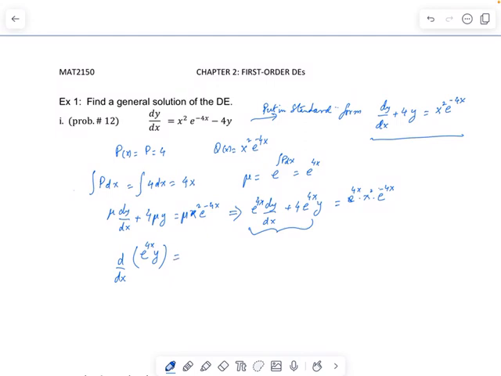You will get e to the 4x multiplied by dy by dx. We use the product rule, plus we keep the y as it is and take the derivative of e to the 4x. The derivative of e to the 4x is 4 e to the 4x times y. So if you note, this whole thing is what we have over here.